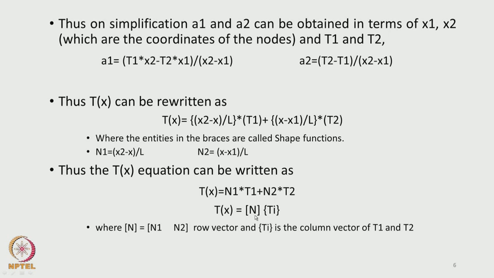We are assuming linear variation between two nodes and we are assuming that the linear assumption is the same throughout the domain. So, we get the same function used throughout the domain. It is a very simplified procedure, but you can have a different variation. So, this T of x is written as N into T of i, and N is a row vector and T of i is a column vector.